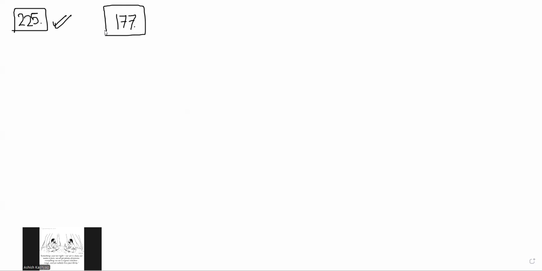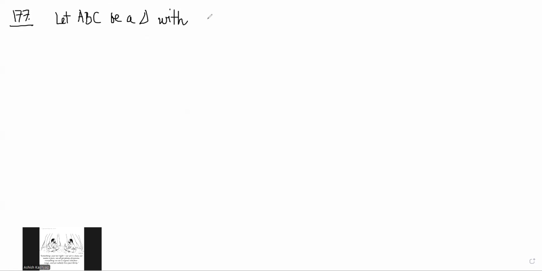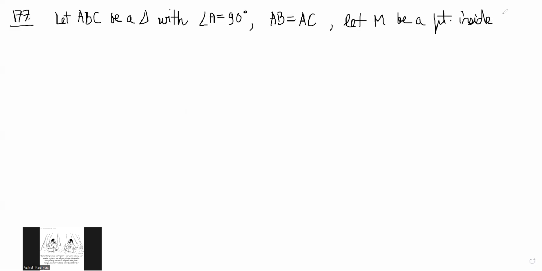The question is saying: Let ABC be a triangle with angle A is 90 and AB is equal to AC, and let M be a point inside triangle ABC such that angle MBA is 15 degrees and angle MCA is 30 degrees.